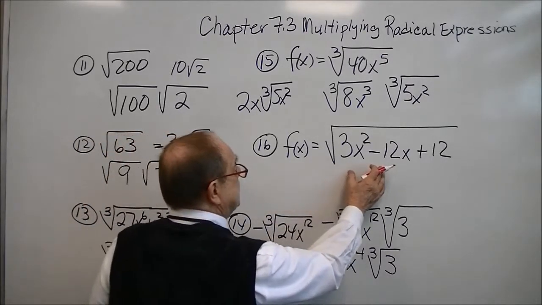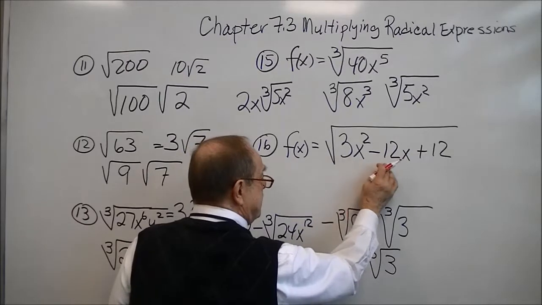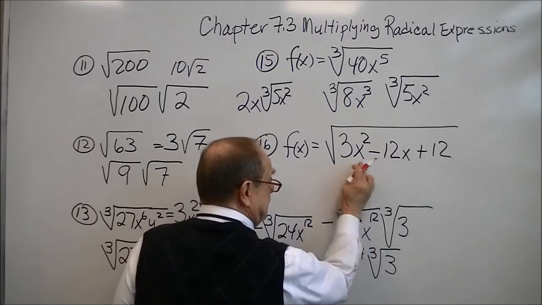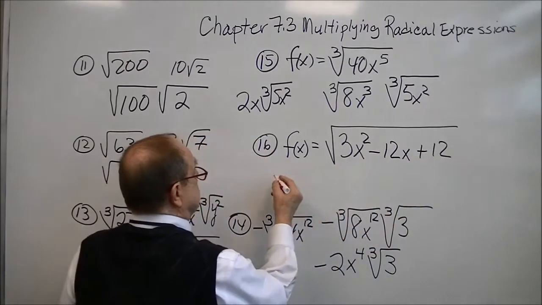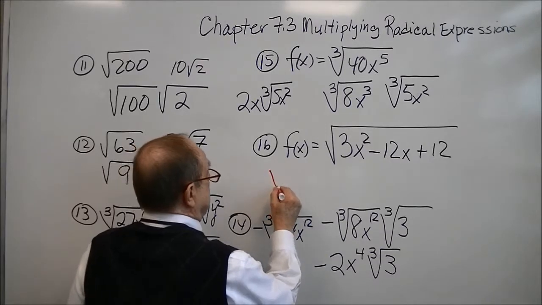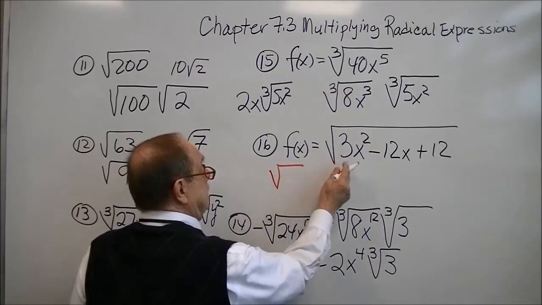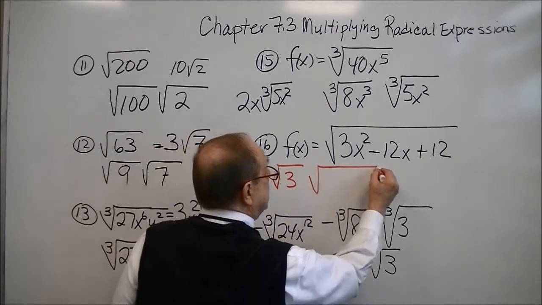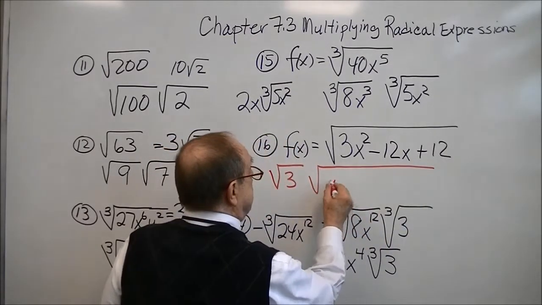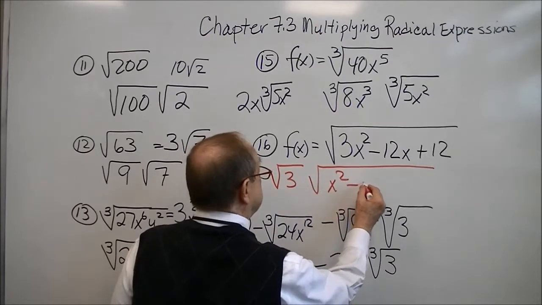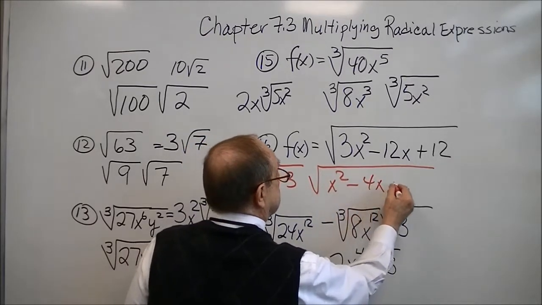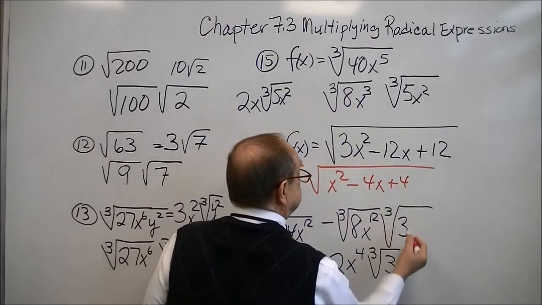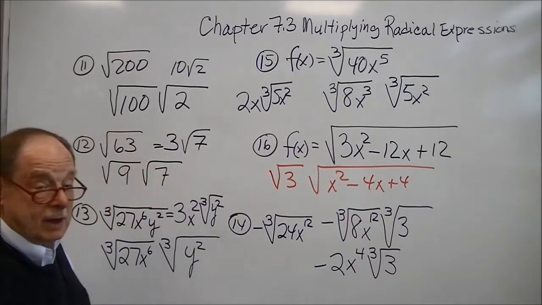Now, the first thing, I don't know if you can see it here, but there is a common factor here of 3. So I'm going to take that out. This will be the square root of 3. Now what's left under the radical sign is x squared minus 4x plus 4. I think you'll all agree to that.